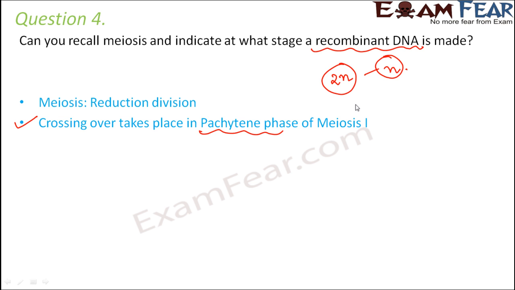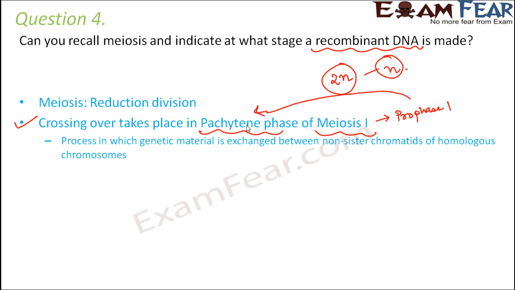Crossing over takes place in prophase 1 of meiosis 1. So, inside meiosis 1, you will have prophase 1, and inside prophase 1, you will have the Pachytene phase. And in this phase, crossing over takes place.